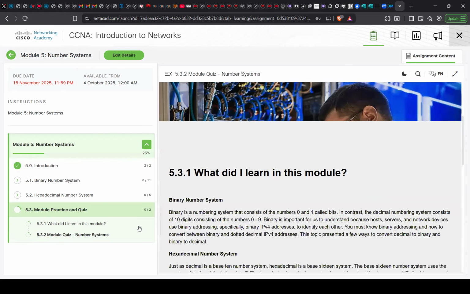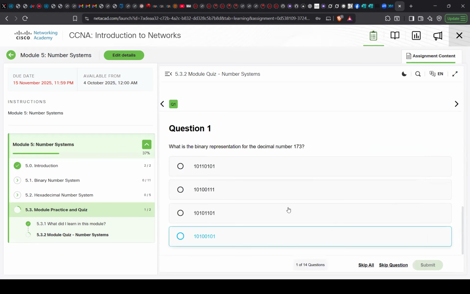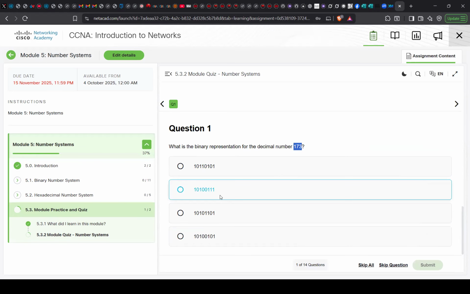So open the module quiz for number system and start. For example, what is the binary representation of decimal number 173? Just look for it and see how you will score. It should start with a 1, of course.